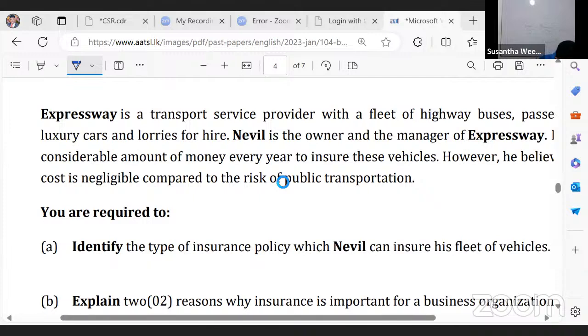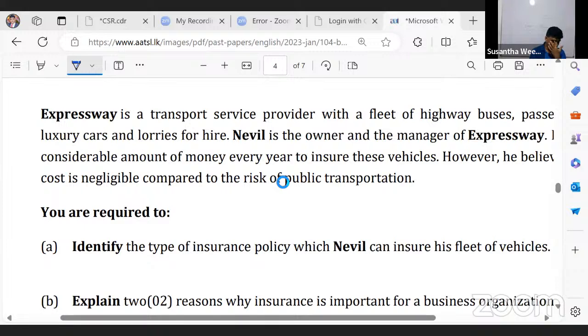Identify the type of insurance policy with which Neville can insure his fleet of vehicles, right? Fleet of vehicles, what kind of insurance policies? Mainly we can say Neville is supposed to insure his fleet of trucks and fleet of buses.